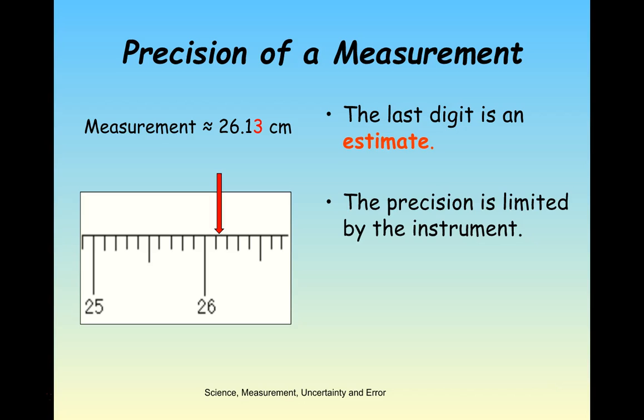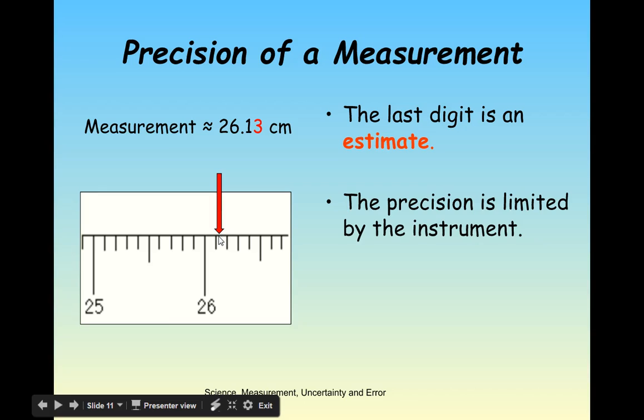When you make a measurement with any tool in science class, we always want to estimate one digit beyond the smallest marking of that device. So if this ruler measures to the 10th of a centimeter, so this is 26.1, 26.2, 26.3, we know that this measurement is greater than 26.1.